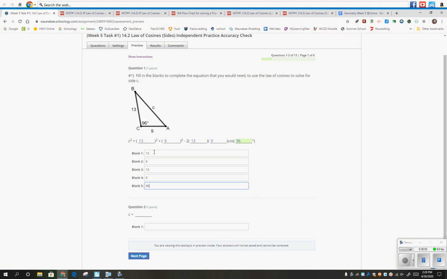You don't have to type in the squared, that's already done, because the blank in the parentheses indicates the first number being squared. The second blank in parentheses indicates the second number being squared. And we've got 2 times 2 numbers, well, you're typing those in, times cosine of the angle. And then at the end, once you type that in your calculator, take the square root, that's our answer. You'll type that in from there.